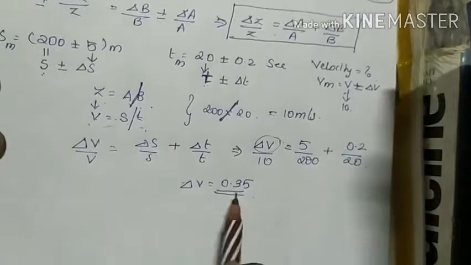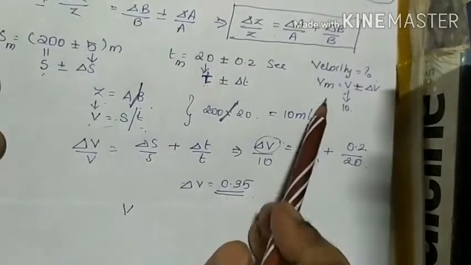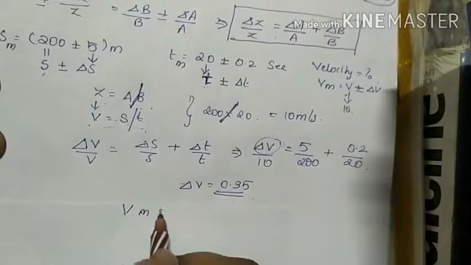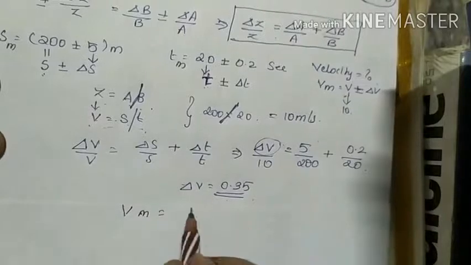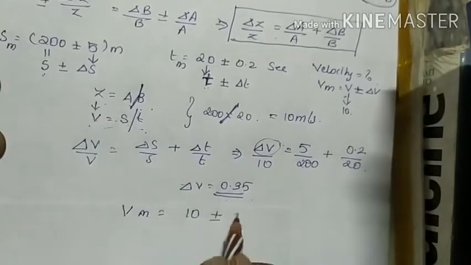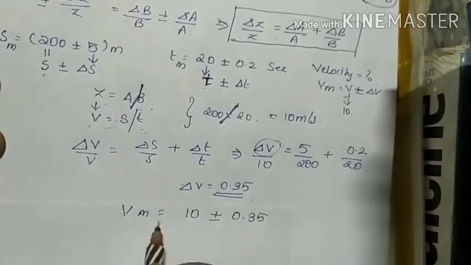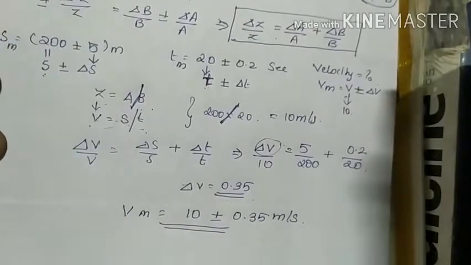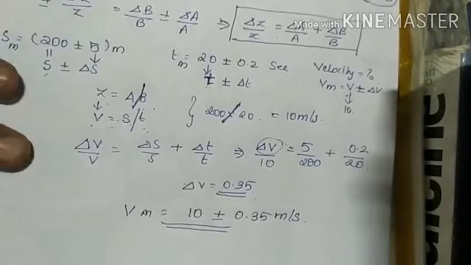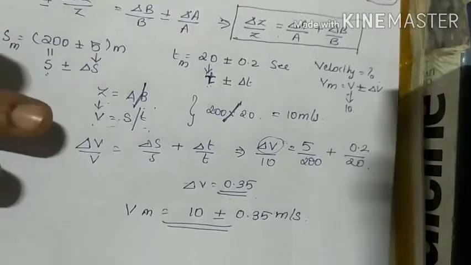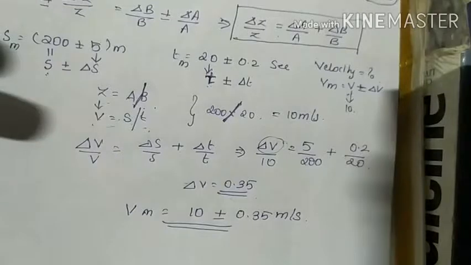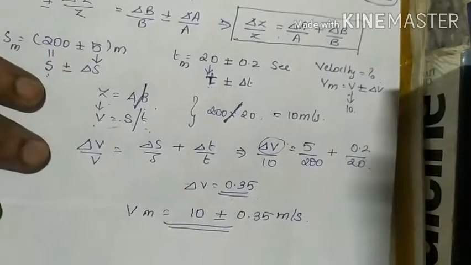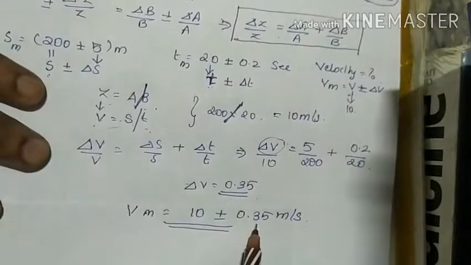Now the end result is you are supposed to write Vm. So Vm, that is the measured value, is V, that is 10 plus or minus 0.35 meter per second. That is your answer. Clear? It's just like your product rule. I hope you understood. If you are asked to write it in percentage, what would you do? You just have to convert this.